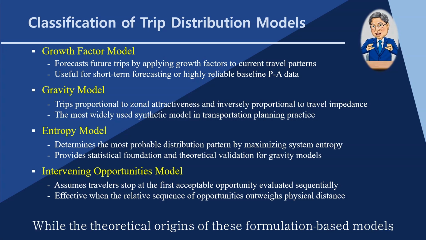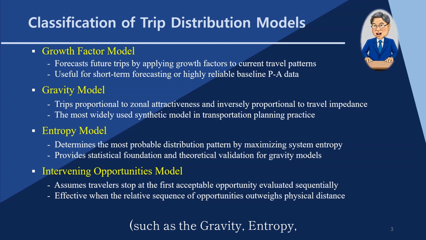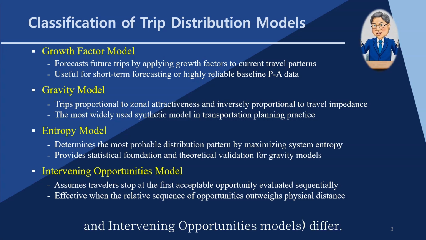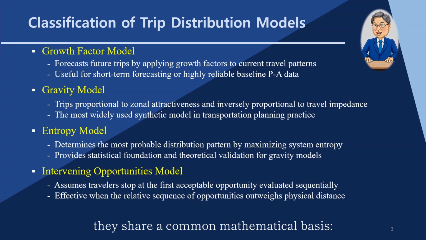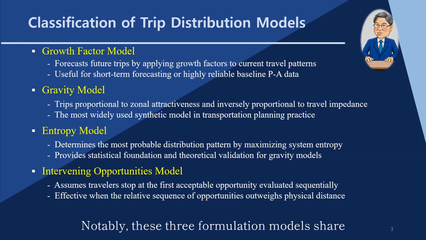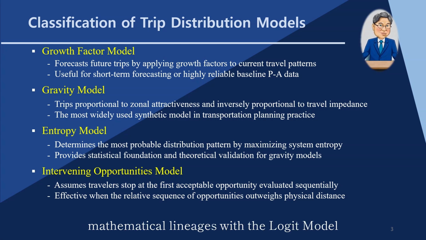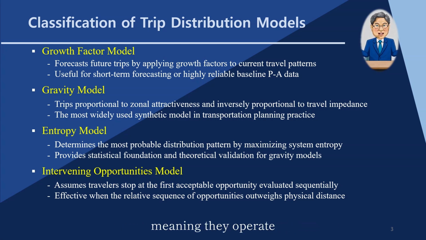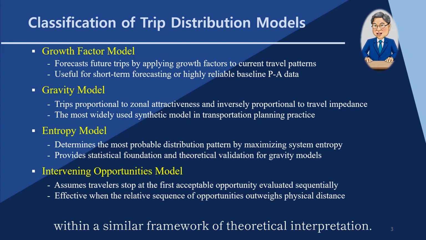While the theoretical origins of these formulation-based models, such as the gravity, entropy, and intervening opportunities models, differ, they share a common mathematical basis. They are all derived based on the choice probabilities of travelers. Notably, these three formulation models share mathematical lineages with the logit model used in mode choice analysis, meaning they operate within a similar framework of theoretical interpretation.